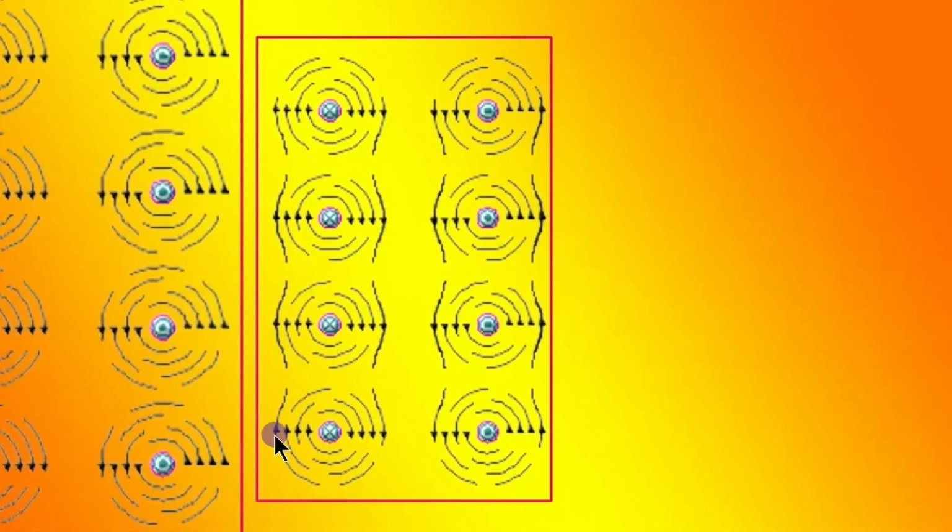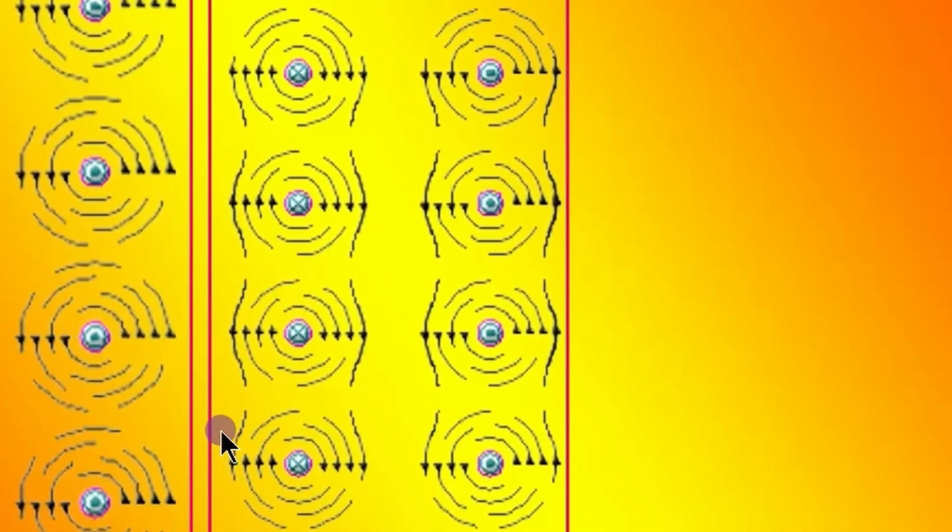When these conductors are brought somewhat nearby, the outer ring passes through the outer ring of the other conductor and it completes its cycle like this. Similarly here in the opposite direction.